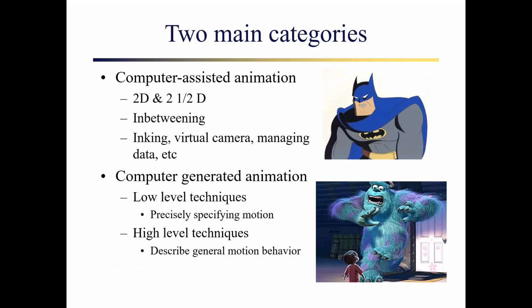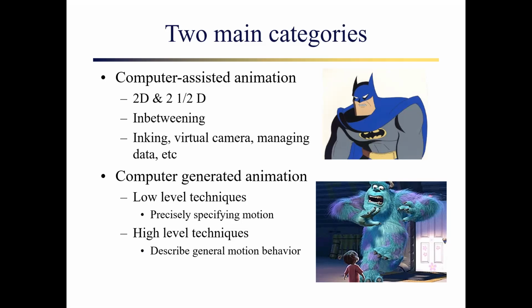So for computer-assisted animation, you have 2D and 2.5D. Meron na rin po tayong 3D. So meron na rin na-view na hanggang 5D. So here in computer-assisted animation, in-betweening, meron din tayo dyan. Inking, virtual camera, managing data, etc. For our computer-generated animation, we have the low-level techniques, precisely specifying the motion.